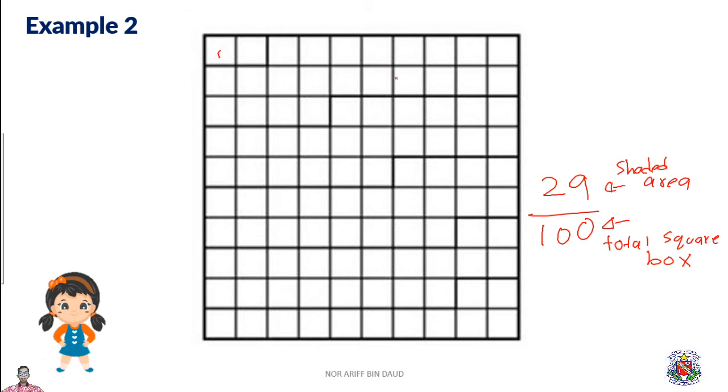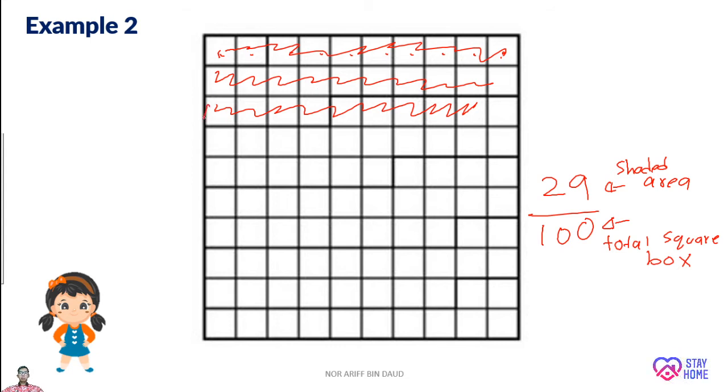From this one to this one we have 10 boxes. 1, 2, 3, 4, 5, 6, 7, 8, 9, 10. So here 10, here also must be 10. So already we have 20 boxes here. So we must shade another 9. So we have finished shading this area. You must shade nicely. You cannot do like me. Okay, you must shade nicely.